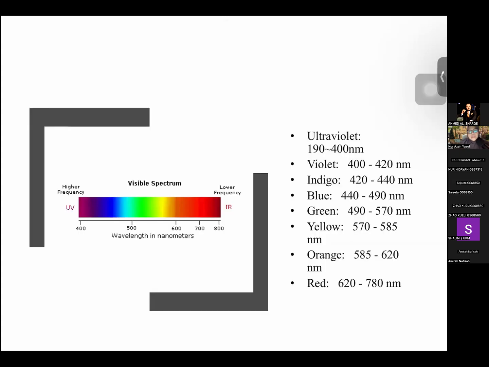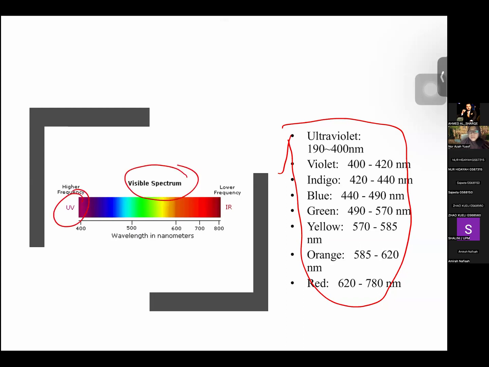All right, so the concept of electromagnetic spectrum. There are a series of regions in the electromagnetic spectrum here. How do we know which one is IR, which one is radio wave, which one is microwave? It is through their wavelength and frequency. When we're talking about ultraviolet or UV spectroscopy, we are talking about the ultraviolet as well as visible region.